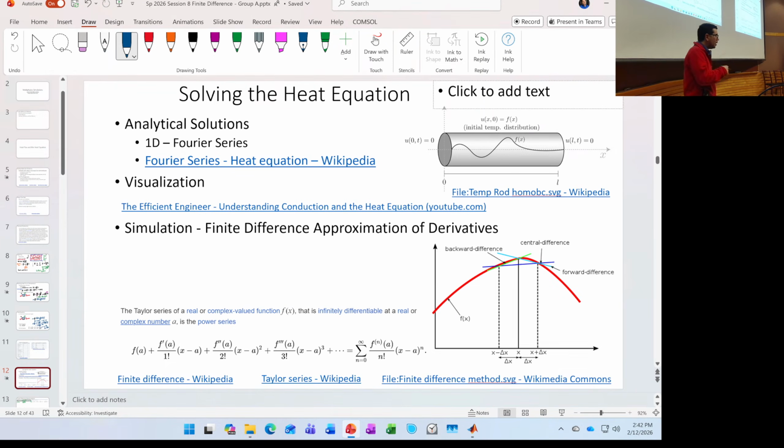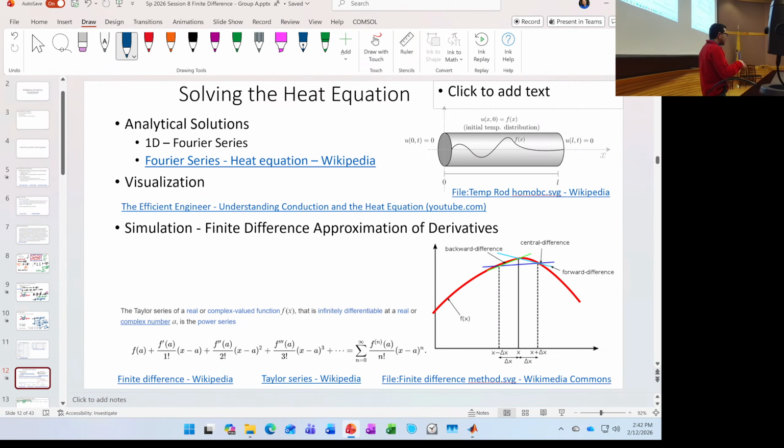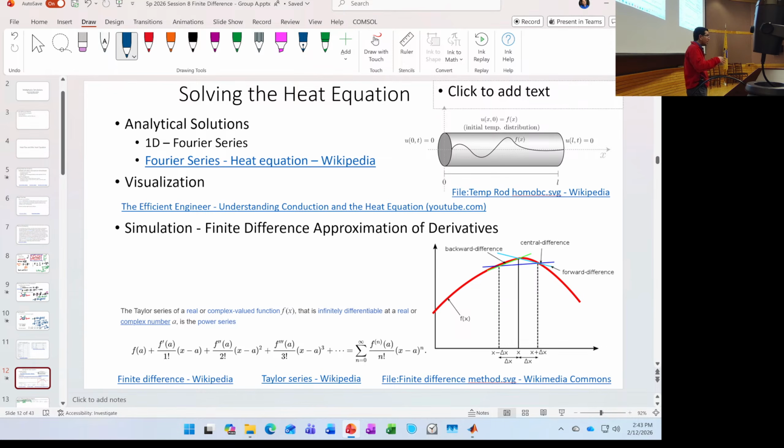Now, unlike the three-body problem with particle dynamics, where there's no closed form solution, in this case, there are closed form solutions for many of these problems, okay? The simple ones. But once you start adding more complexity to the geometry, maybe you have different materials stacked.